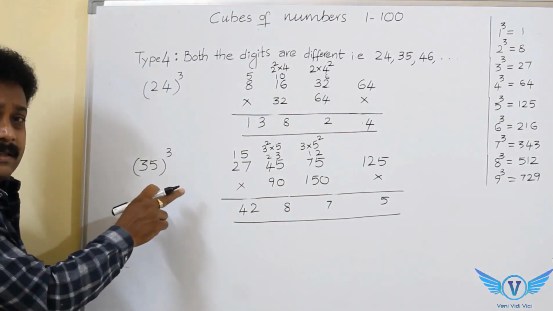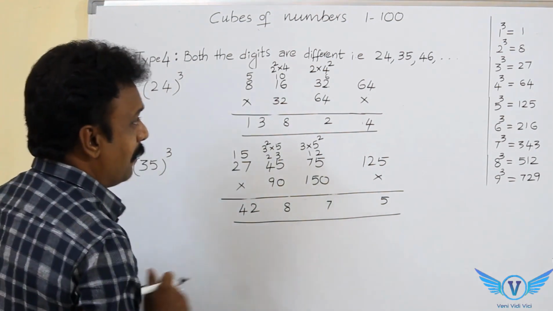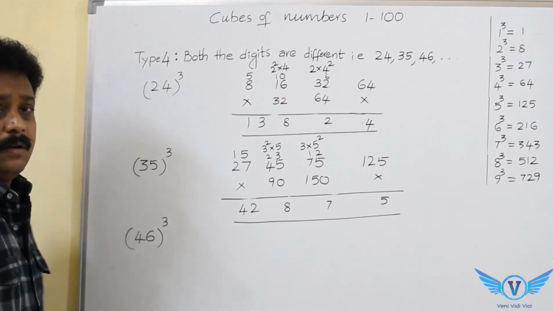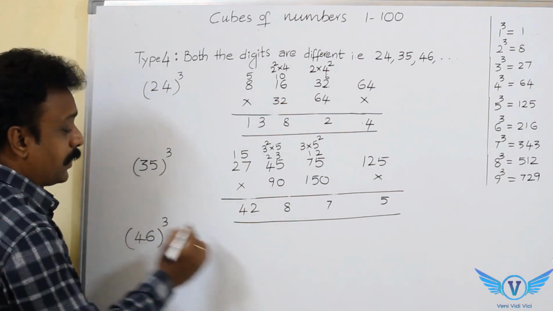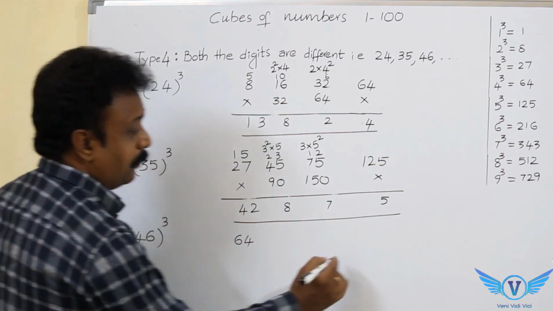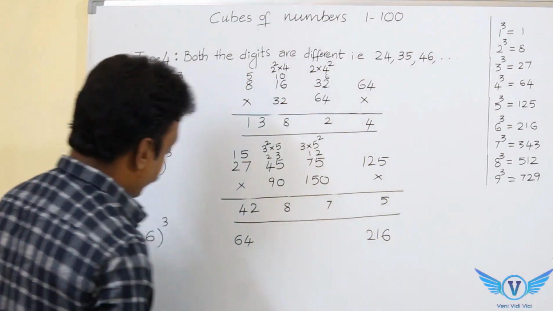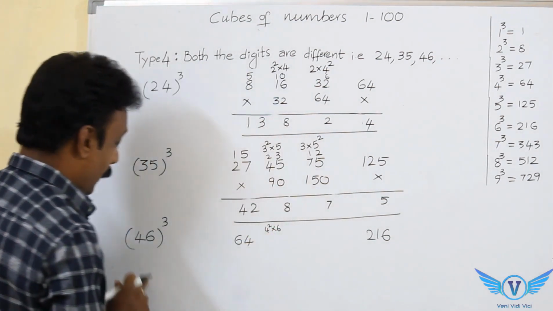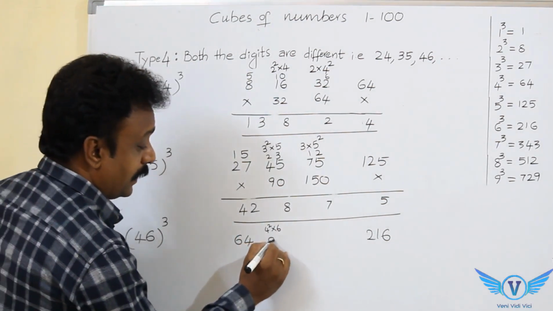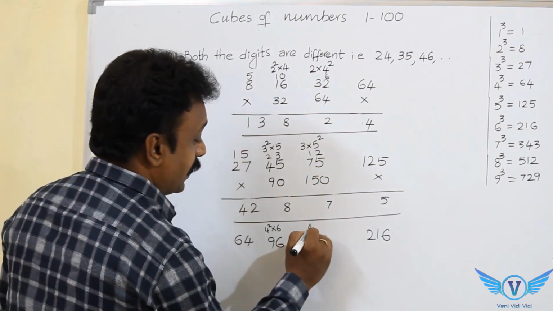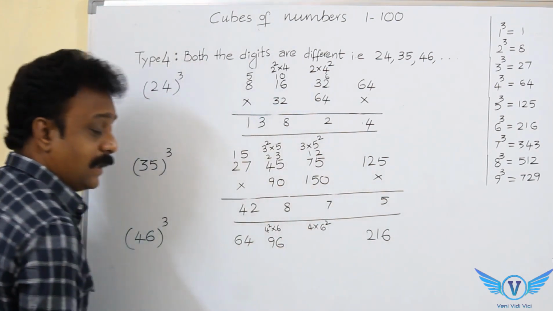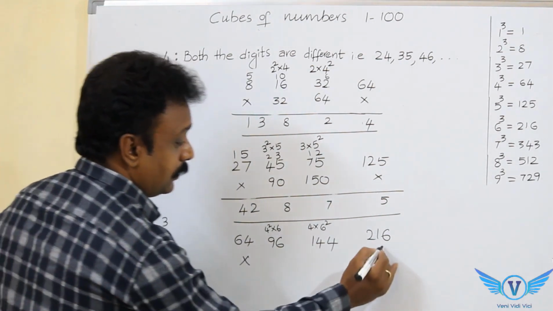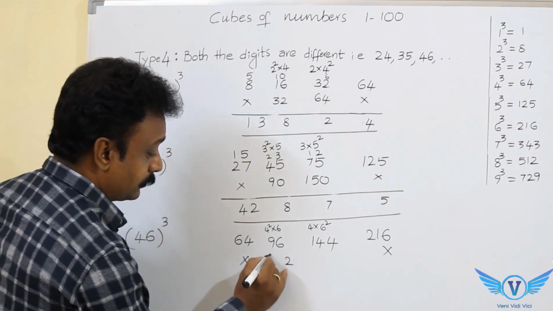Hope you understand this. Let us see another example also. Then it will be very clear. 46. 4 cube, 64. 6 cube, 216. Now, first digit square into 6. 16 into 6, 96. Next, first digit into second digit square. 36 into 4, 144. Now, the same process, double this number.